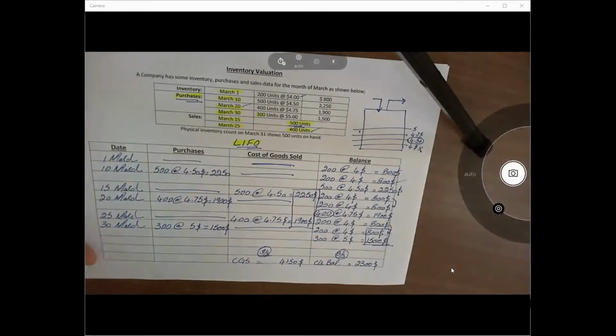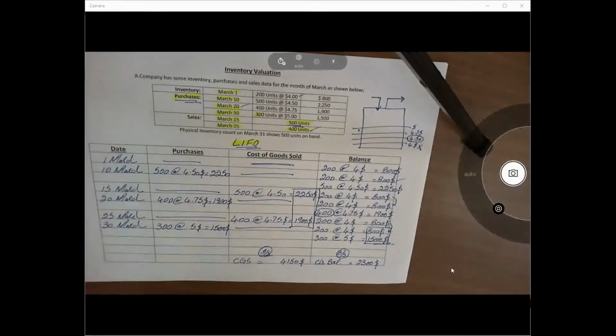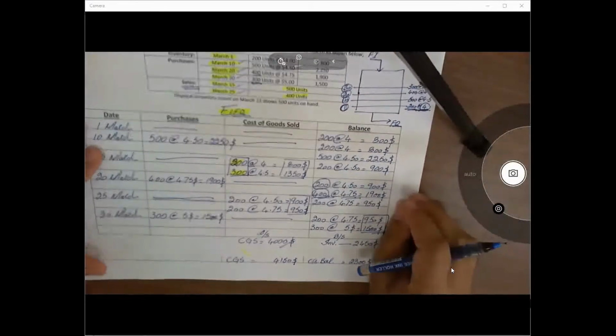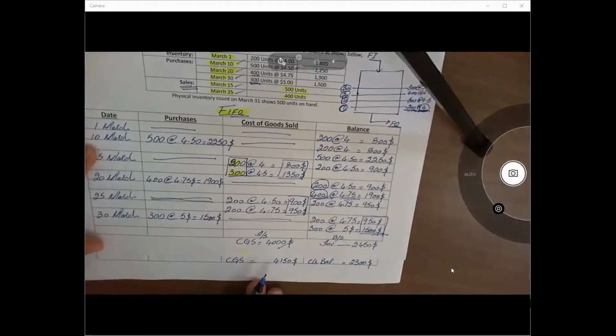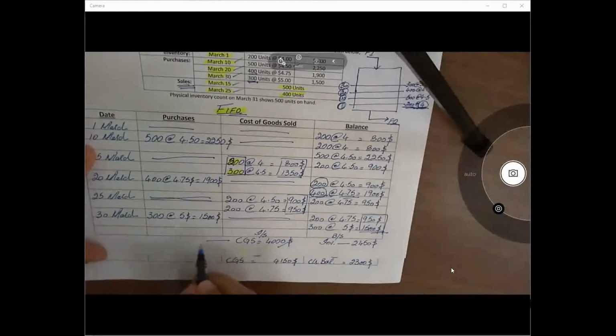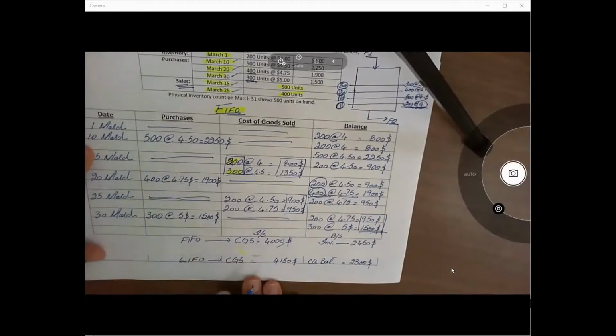So you can see the difference between these two. If I show you the difference between these two, you can see the difference. This is FIFO, and this is LIFO. So you can see the difference now.